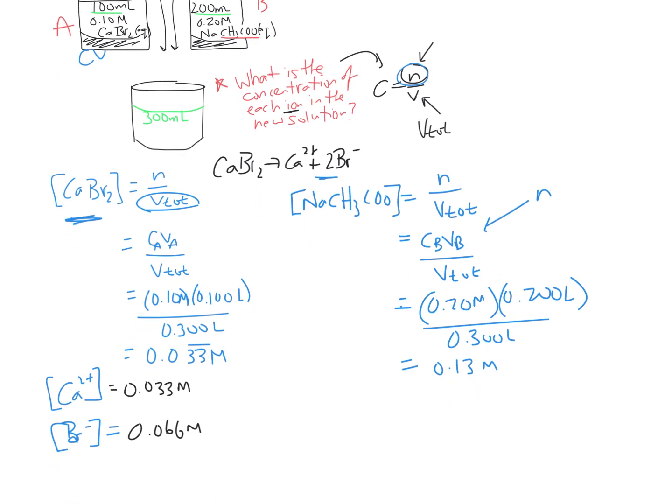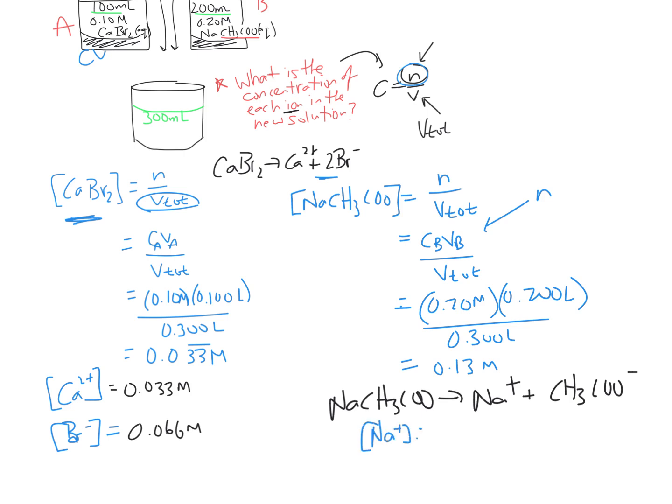Then you have a little examination of what that salt would do in solution. Well, it's going to produce each of its ions at a 1-to-1 ratio in solution, isn't it? Because it's going to make just a single Na+ and a single ethanoate ion. So basically each of those ions is going to be the same as the concentration of the salt.